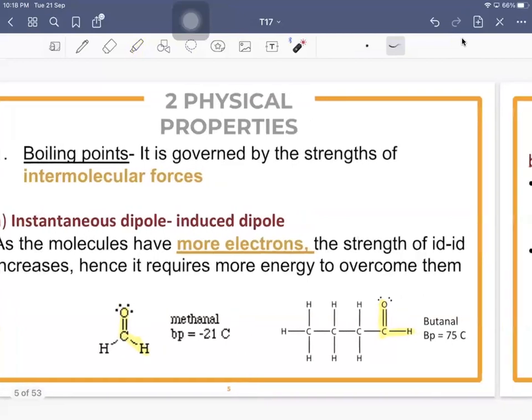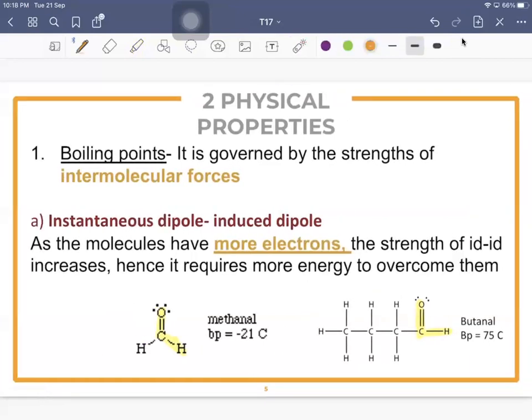The number of electrons for methanal, the formula is CH2O, is 16 electrons. And for butanal, the formula is the molecular formula. Okay, that's not a structural formula. And it's got 38 electrons. They both belong to aldehydes, but why is it that their boiling points are very different?